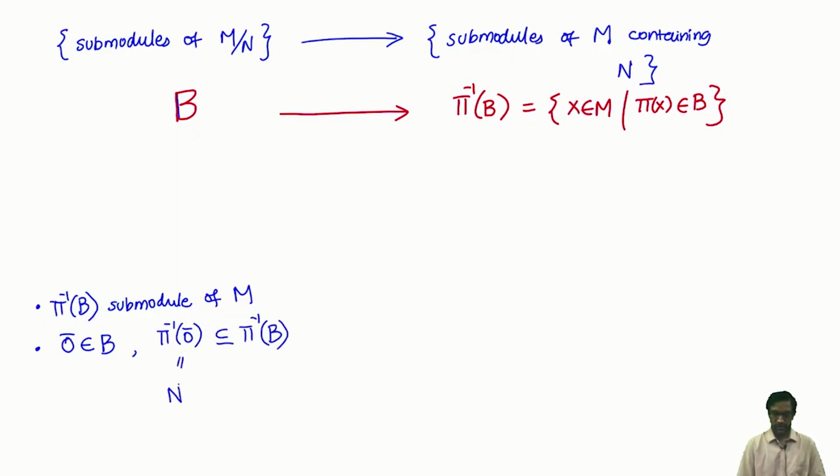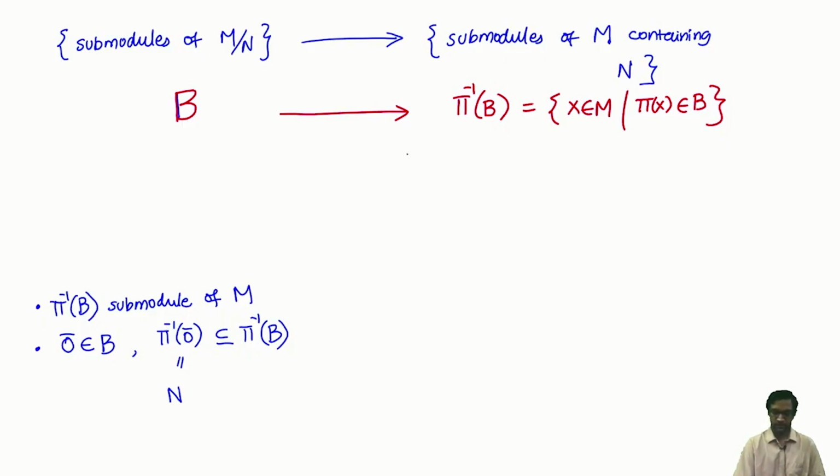It's all elements of M whose cosets give you the 0 coset, and that's of course N by definition. So the inverse image of the 0 coset is N, so N is certainly contained in every pi inverse B. Therefore pi inverse B is a submodule of M which contains N.